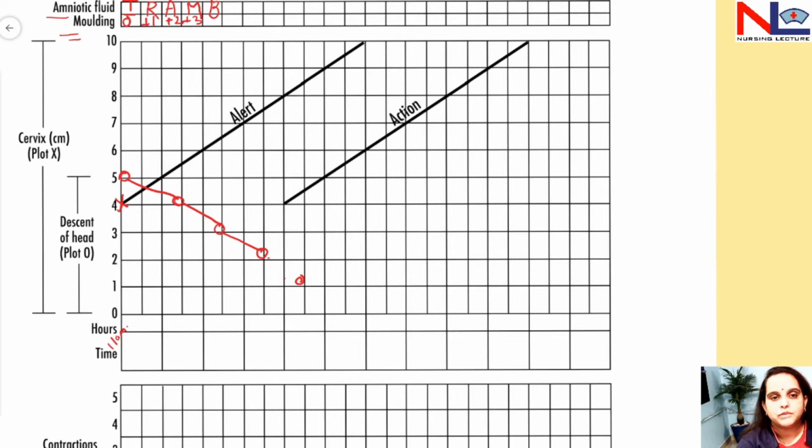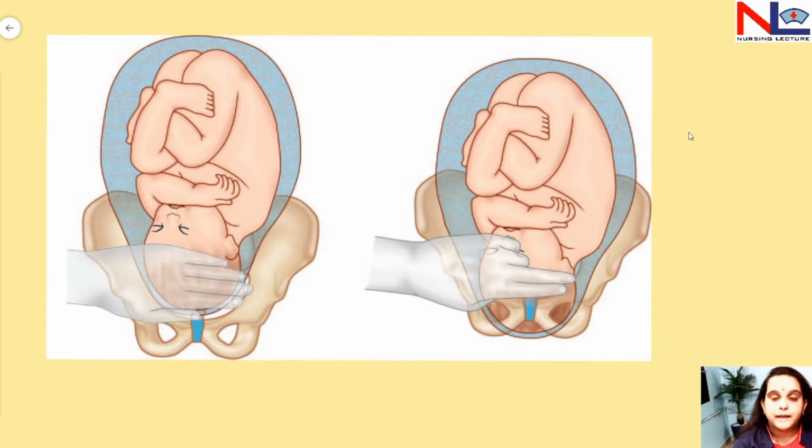So how can we measure this descent of head? We are not measuring this descent by per vaginal examination, but we are measuring by abdominal palpation by a finger method. So how? I am just showing you an image. So by the abdominal palpation method, you can monitor the descent of head. In this first image you can see how we are measuring.